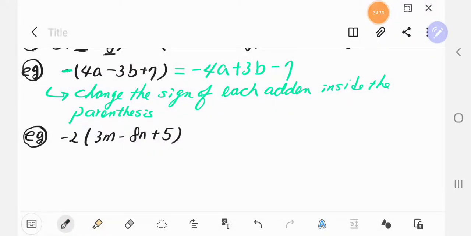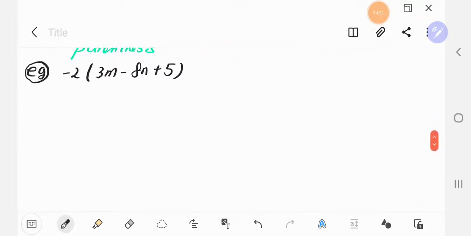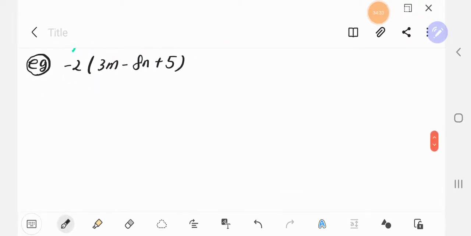Okay, so let's simplify this expression. We're going to multiply each addend inside the parentheses by negative 2. When you multiply by negative, actually we need to change the sign. But let's write everything together. So this means negative 2 multiplied by what? 3m, right?